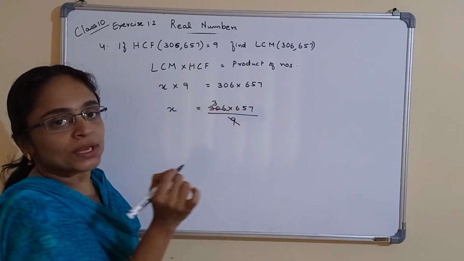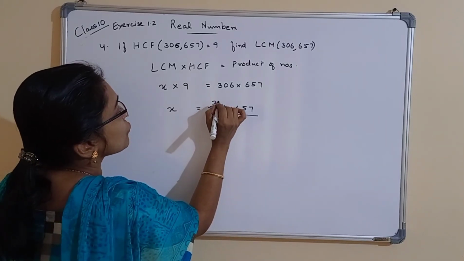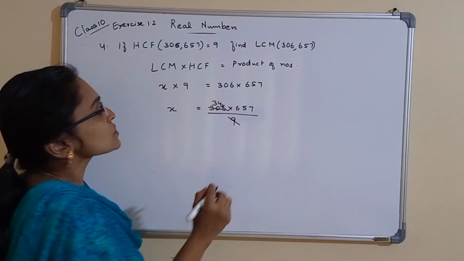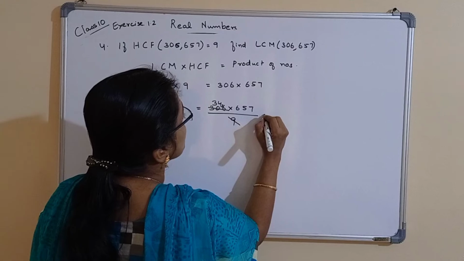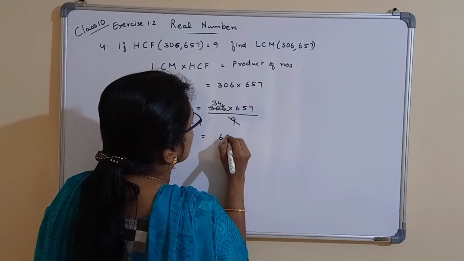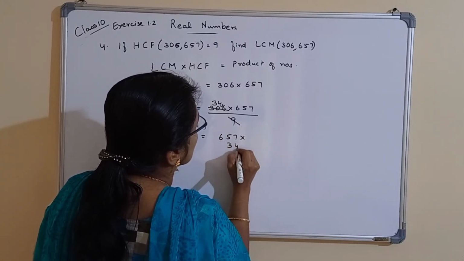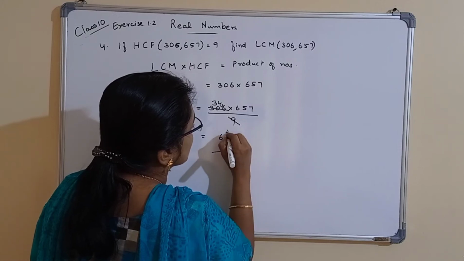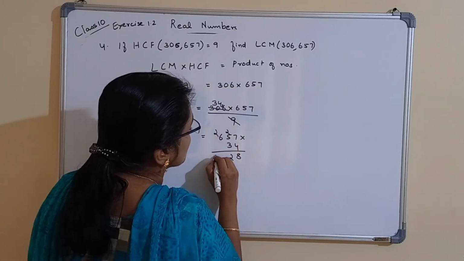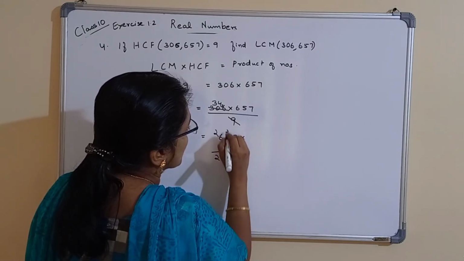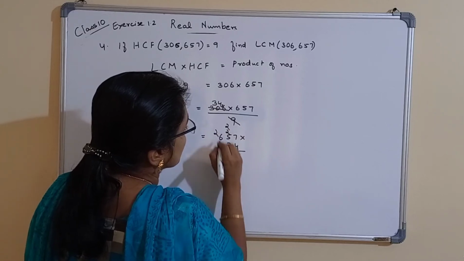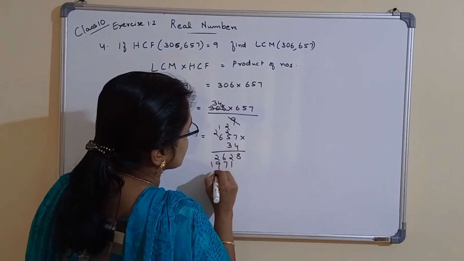3 nines are 27, 3 carry, 4 nines are 36. So 657 into 34. 657 into 34 is 7 fours are 28, 22, 26, then 21, 17, 19.